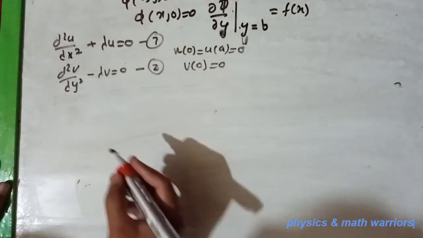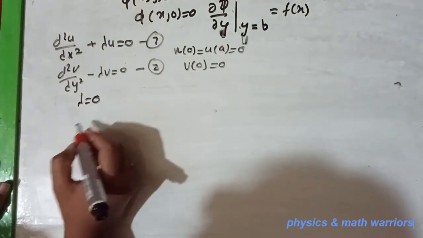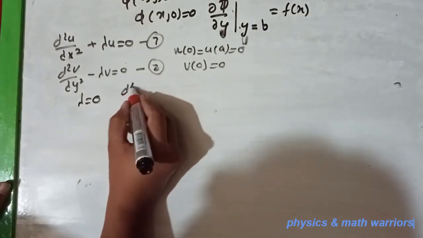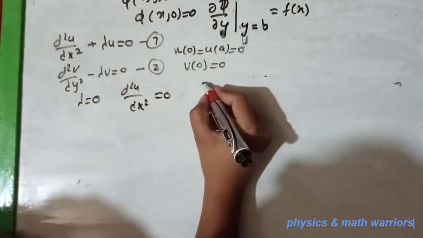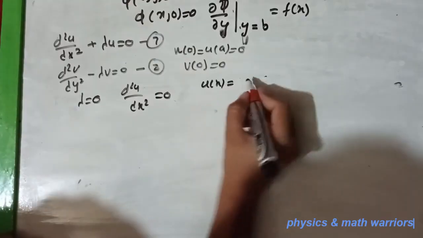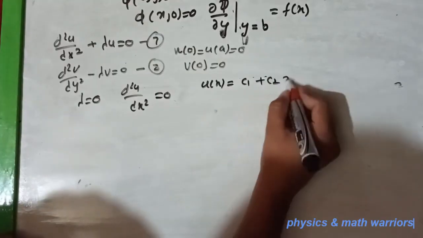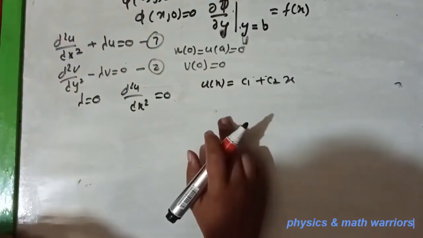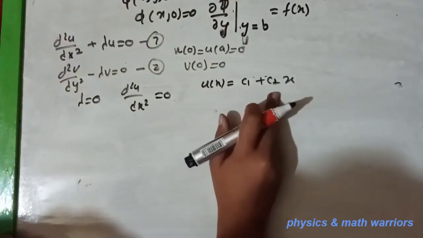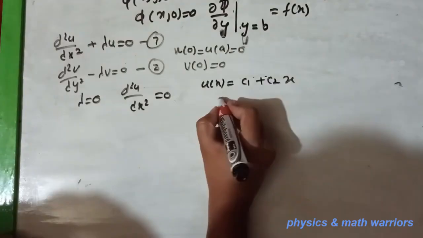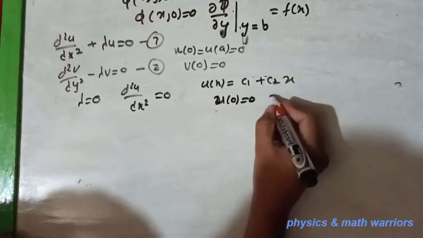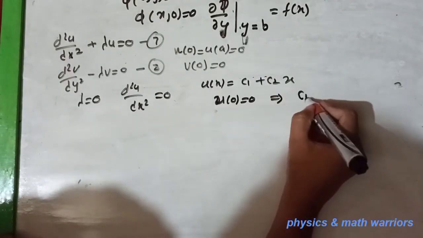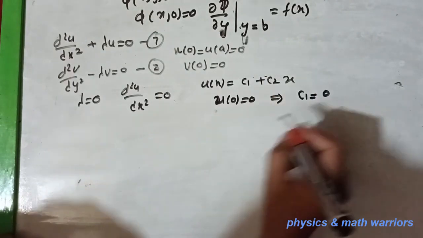Now we'll discuss the following cases. When λ = 0, equation 7 becomes d²u/dx² = 0. The solution of this equation is u(x) = c1 + c2 x. Now we'll use the boundary conditions to find the values of c1 and c2. u(0) = 0 implies c1 = 0.